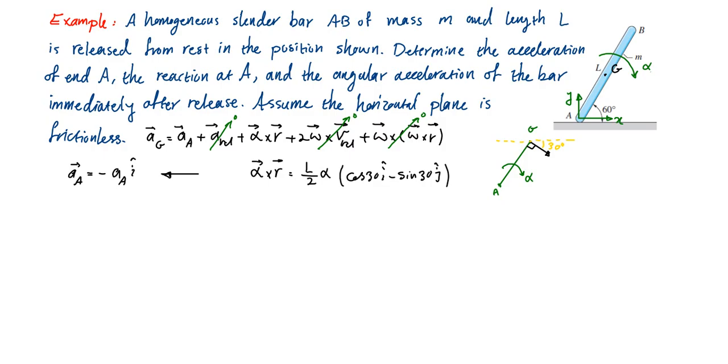So AG, which I was looking for, I put I terms and J terms together, so that'll become minus AA plus L over 2 alpha cosine 30 i minus L over 2 alpha sine 30 j. So that's the acceleration of the center of gravity. That's what I was looking for.